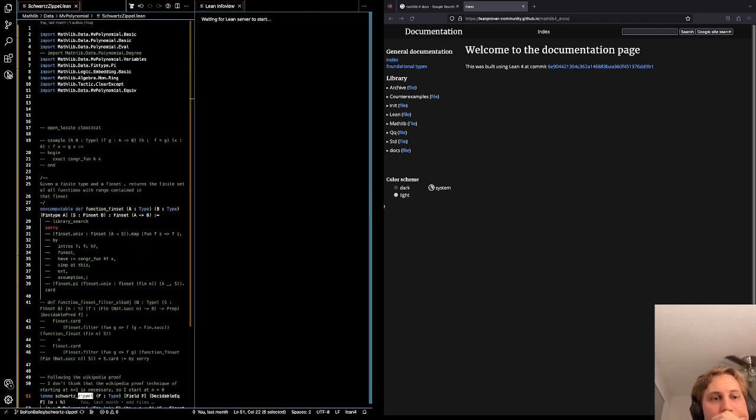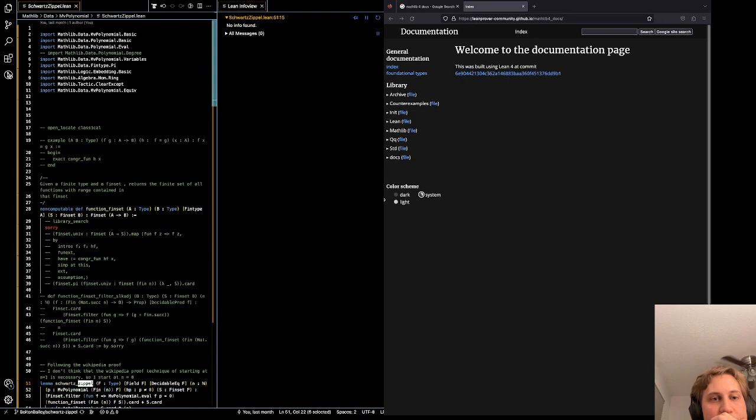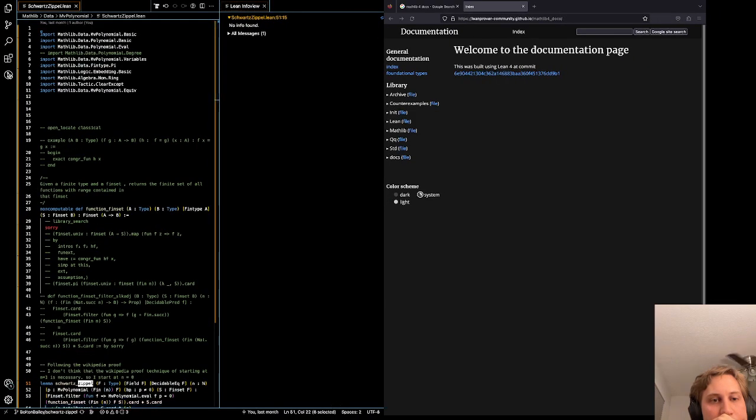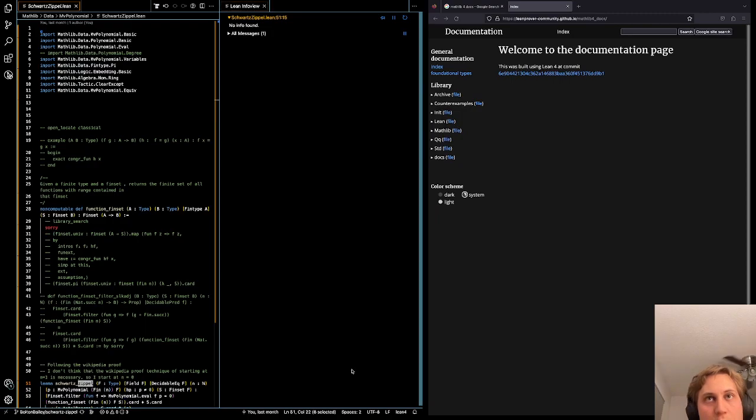Let's see, is it possible to adjust the sizes of the screens? Okay, it's weird, but I might have to get the cache or something.